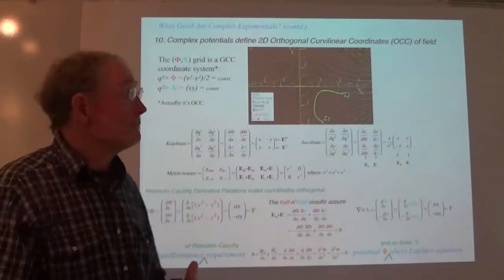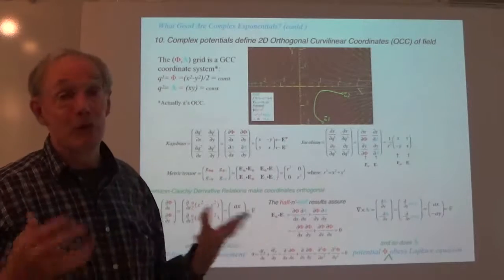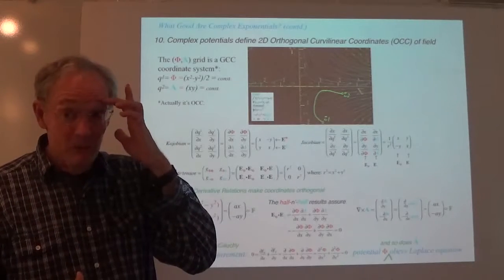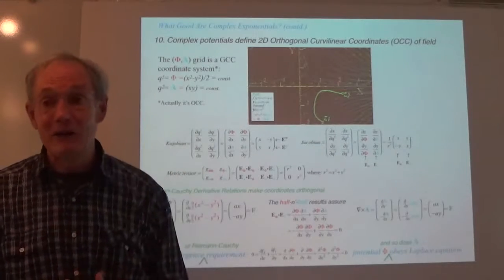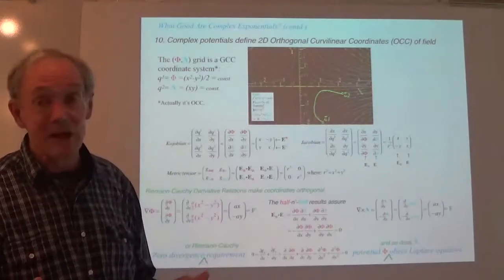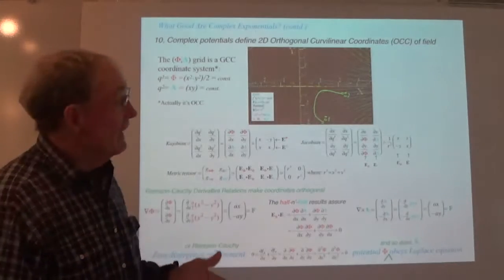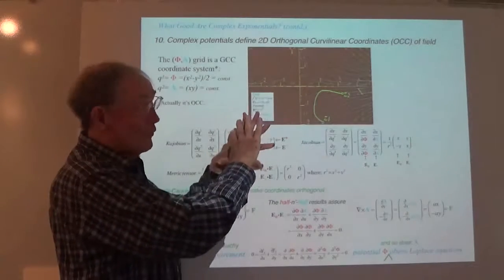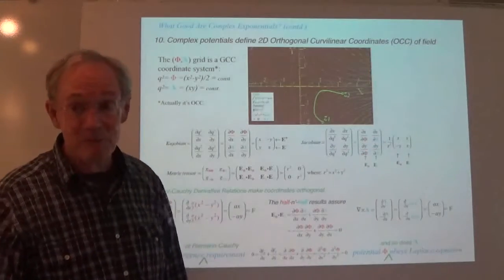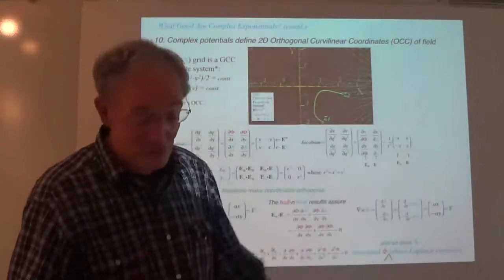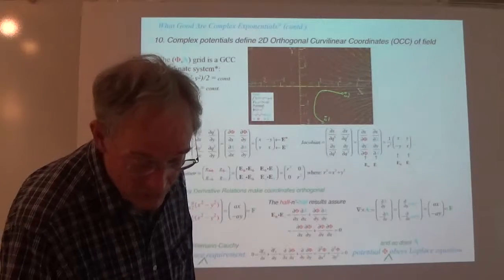Well, in the case of source-free things, they're both the same. They give both the same result. You can take the curl of the blue guys, or you can take the gradient of the red guys. You better get the same thing. And as a result, these turn out to be orthogonal everywhere. That doesn't happen with that one. So that one's the one that really comes up with queer coordinates.